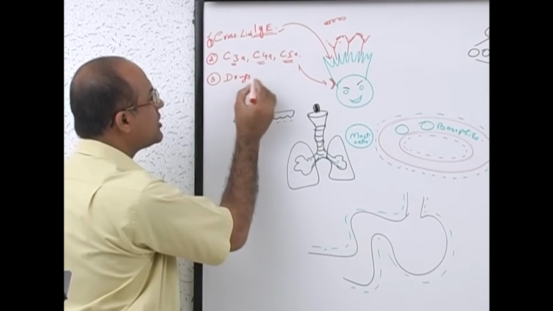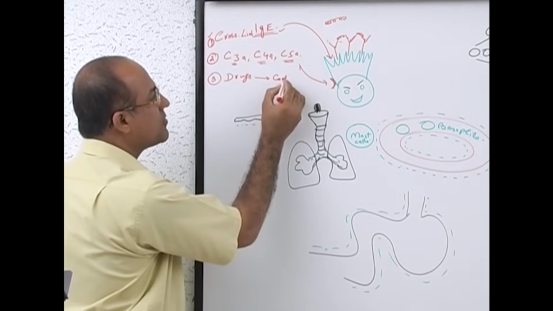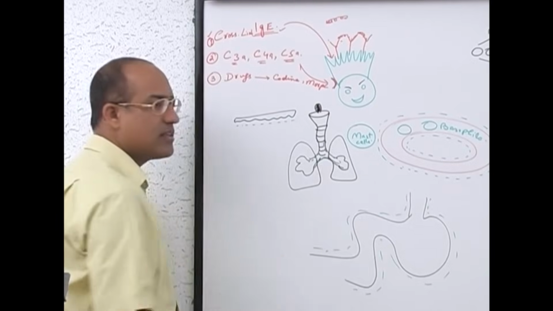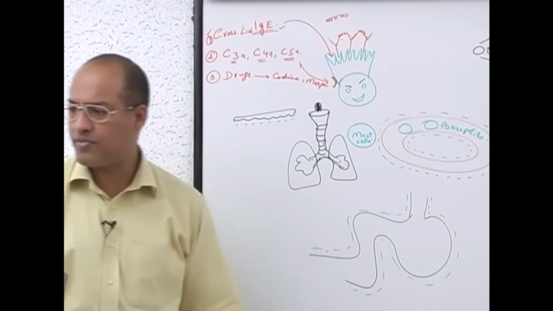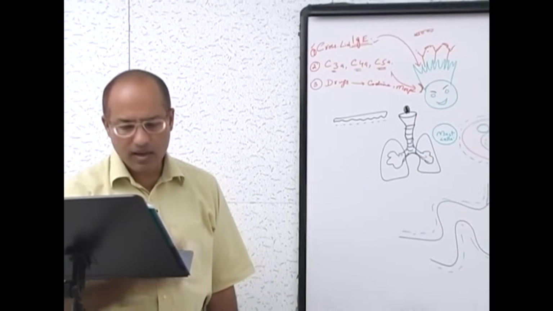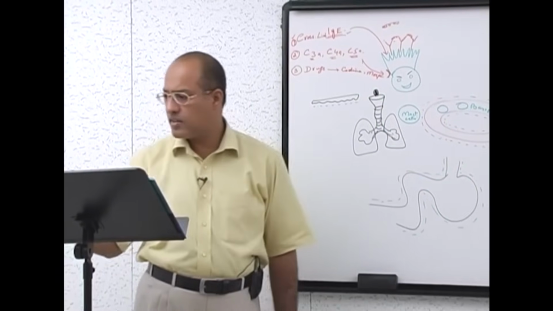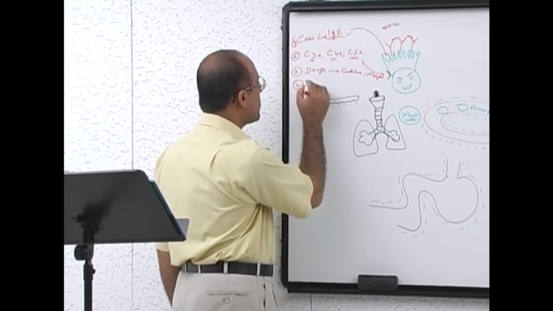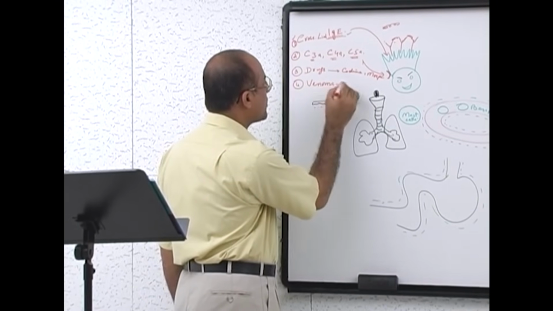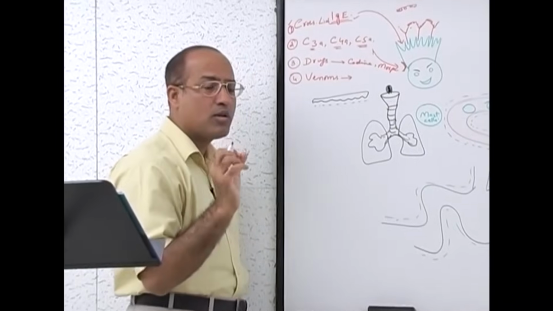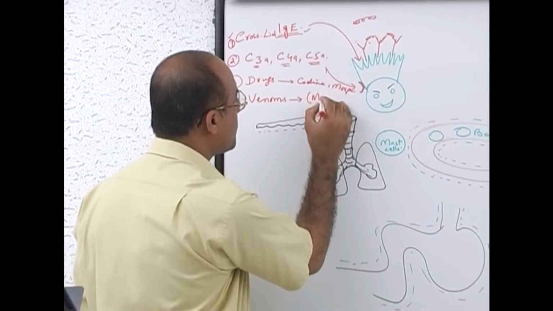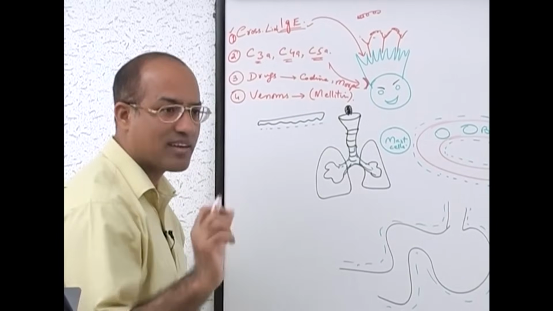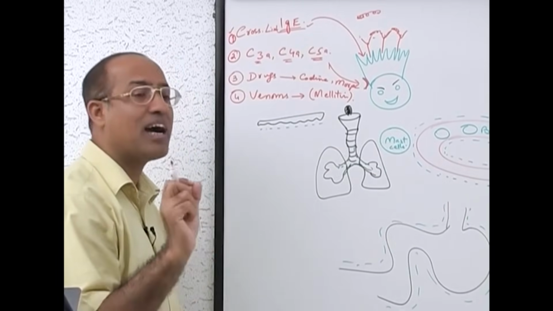Then mast cells can be stimulated by drugs. Some drugs can irritate the mast cells like codeine or morphine, right? Then mast cells can also be stimulated by venoms, for example snake bite, or one of the venoms is melittin from the bee sting, or from the ant sting.